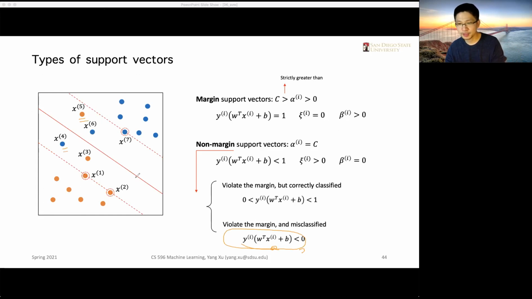Because sometimes if we don't allow any misclassification, there's no way to draw a decision boundary. So this decision boundary in this case is co-decided by the correct margin vectors and the non-margin vectors, because we allow for such slackness.